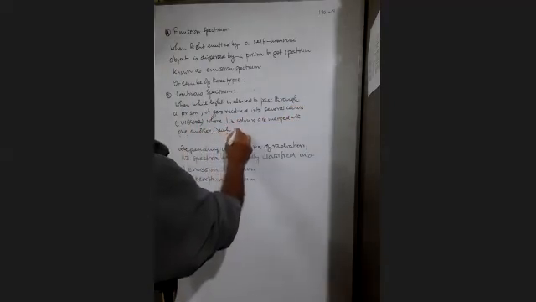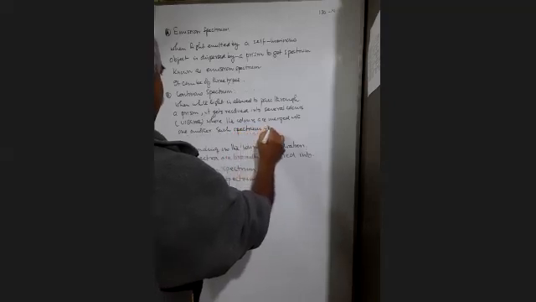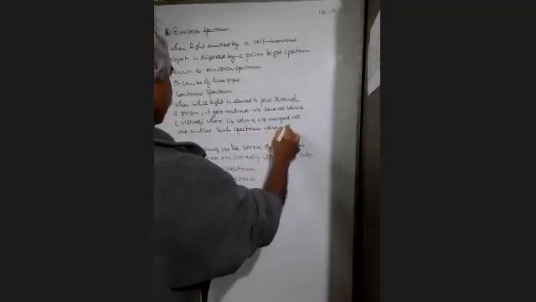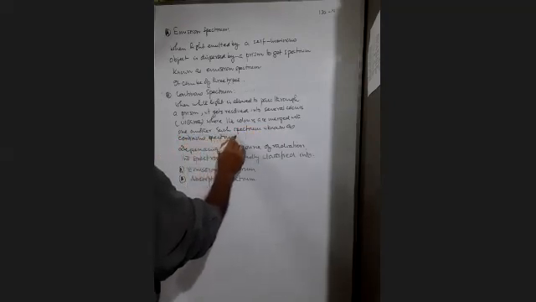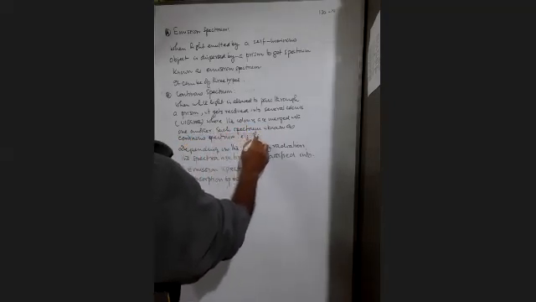Such a spectrum is known as continuous spectrum. Example? I just gave you, rainbow.